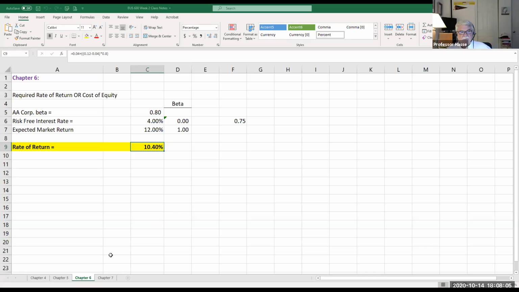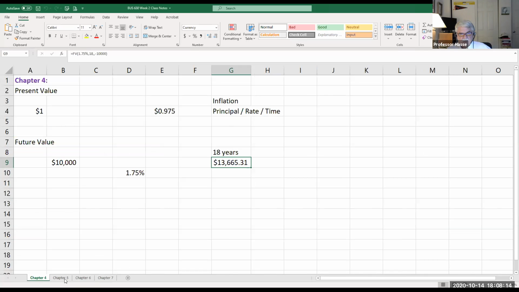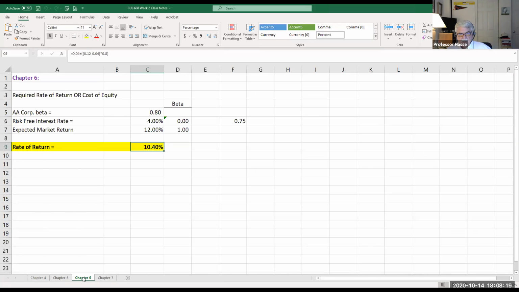We talked a bit last week about the risk and return and the present and future value of bonds and stocks. One of the things that we talked about, and this is a topic in your case, and I'm going over it again tonight as a prelude to our other lecture, is that in your case, you're going to be asked to do a capital asset risk analysis of a company in case number 1.